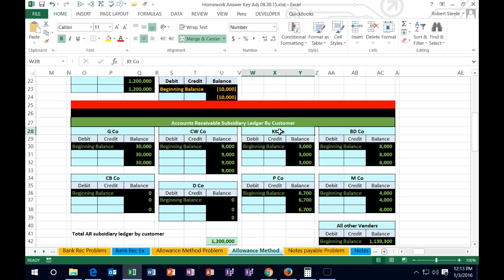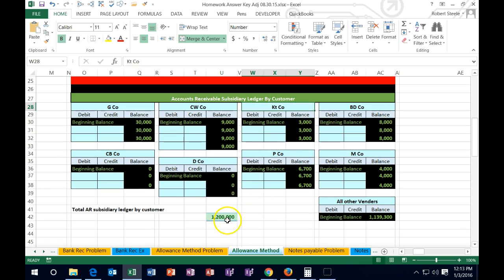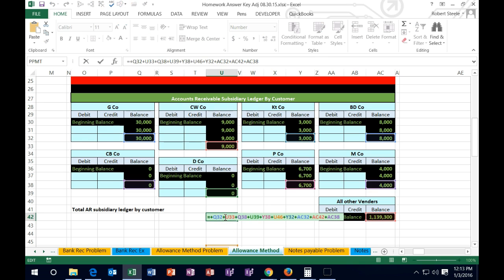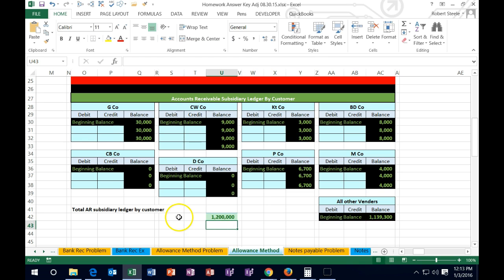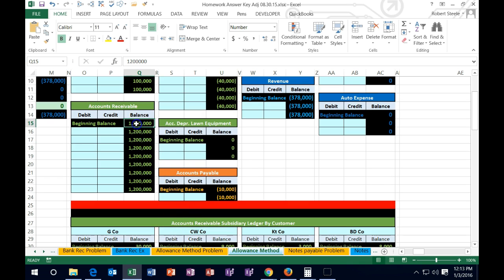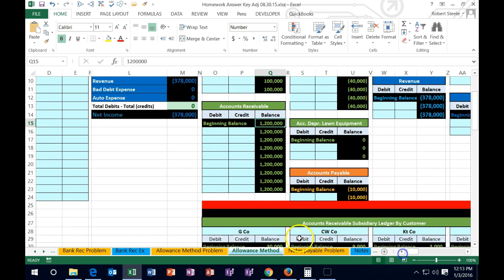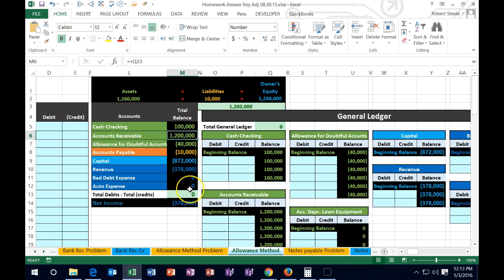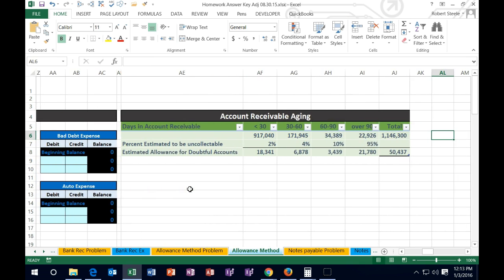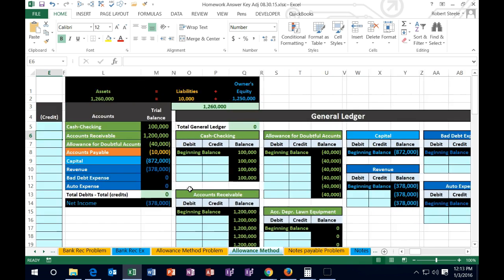And if we add up all the accounts by customer, then it should sum up here to this 1,000,002, and that ties out to the receivables here, and that ties out to the receivables here. At the end of this problem, we're also going to take a look at an aging account, and this will come into play later on, so we'll take a look at that towards the end.